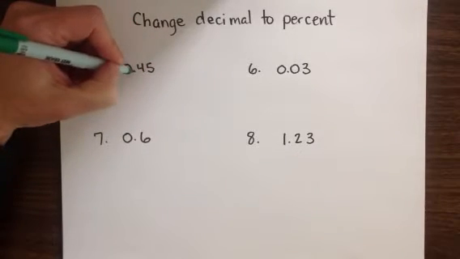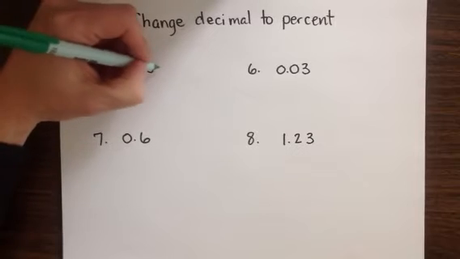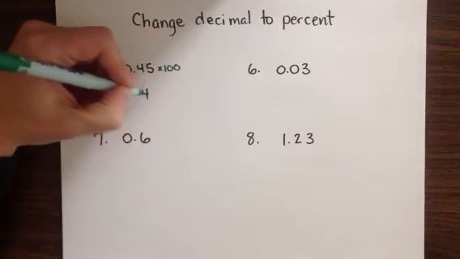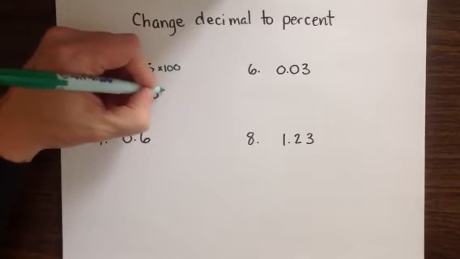So multiplying 0 and 45 hundredths times 100 gives us 45%.